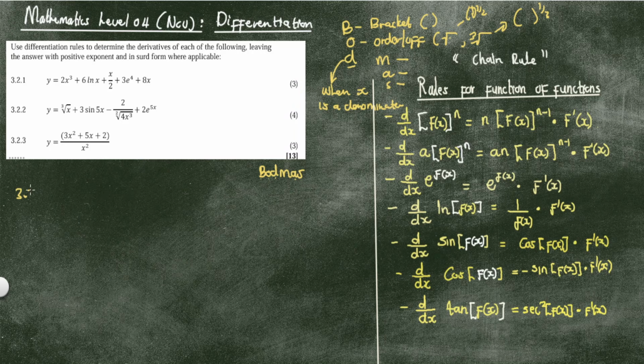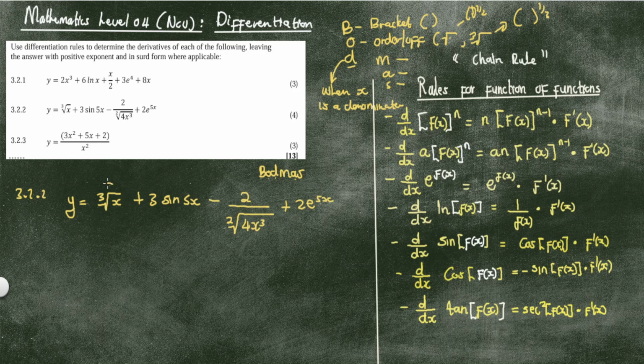Now with 3.2.2, we have y equal to the third root of x plus 3 sine 5x minus 2 over the square root of 4x cubed plus 2e raised to exponent 5x.